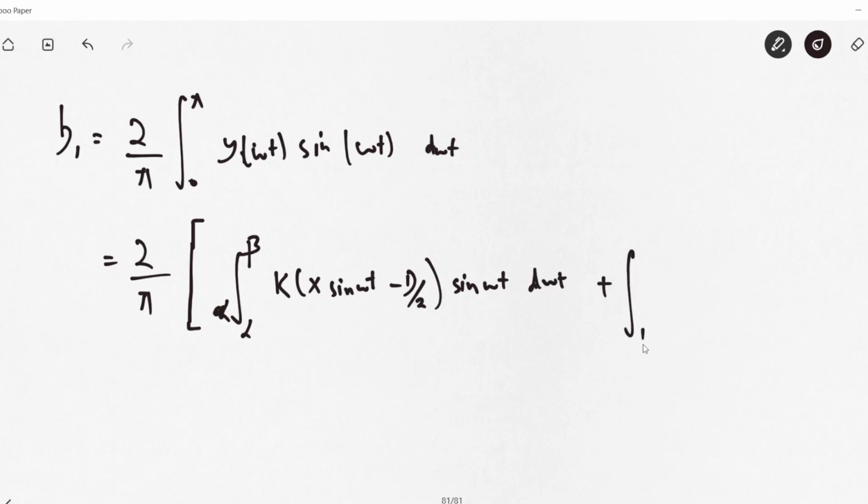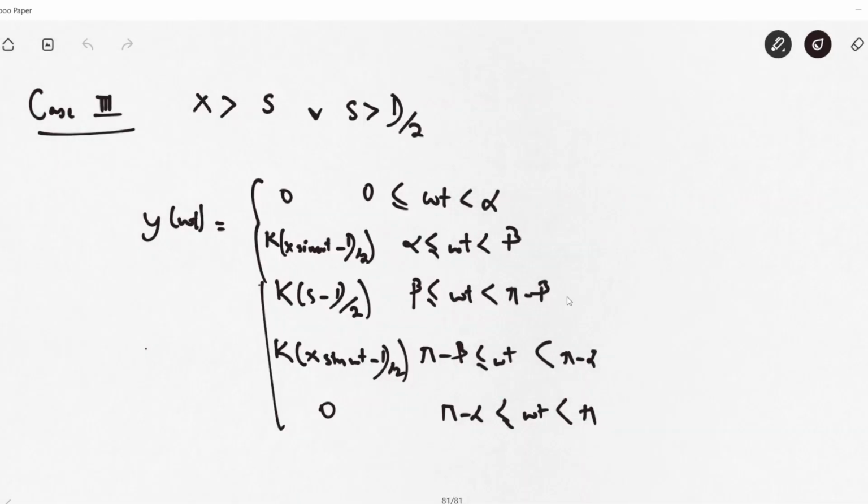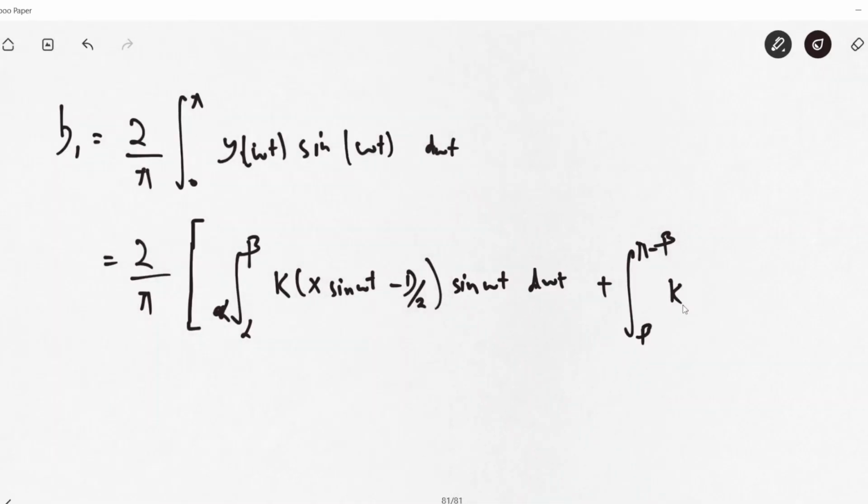plus beta to pi minus beta, it is equal to m, the magnitude, that is k(x sine omega t minus d by 2) sine omega t d omega t. Fine.